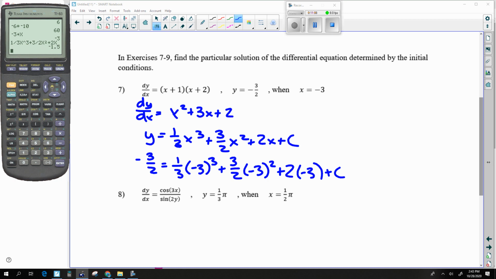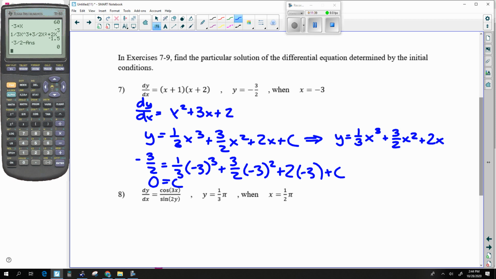And so that is the number. So this is going to be -3 over 2 minus whatever that was. So this happens to be 0. The c happens to be 0. Luck would have it. And so what this says is this equation is actually 1/3 x to the third plus 3 over 2 x squared plus 2x plus 0.